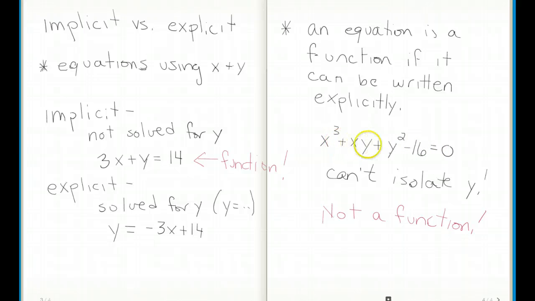I can't use that notation because this is not a function. And it's not a function because I cannot write this equation explicitly, with y all by itself on one side and only x's on the other side. So we can use that as a way to algebraically determine if we have a function, but for right now we'll stop with that video, and we'll finish 2.1 in our next video.